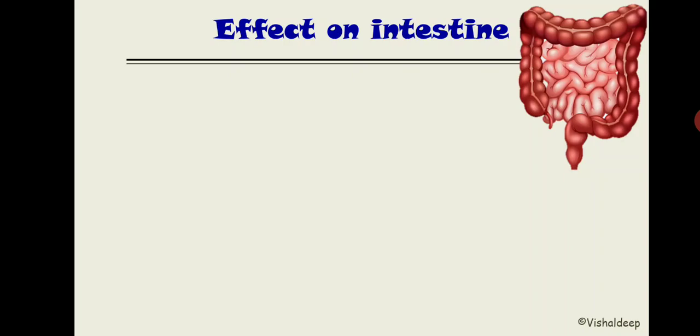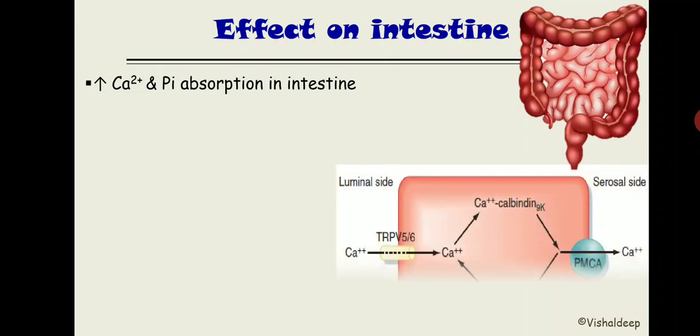Now starting from the first effect on the intestine, the most important effect of vitamin D is over the intestine. So what will vitamin D actually do at the level of the intestine? It will increase calcium and phosphate absorption, right? So let me show you a picture of the GI lumen.